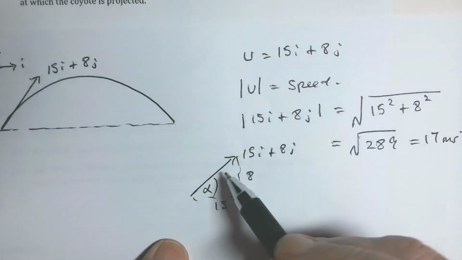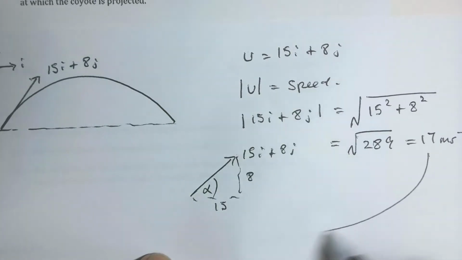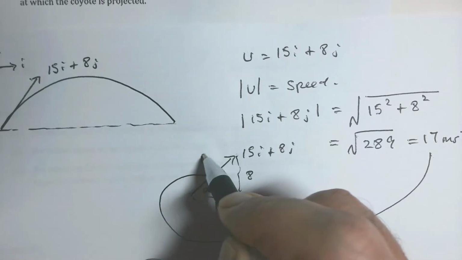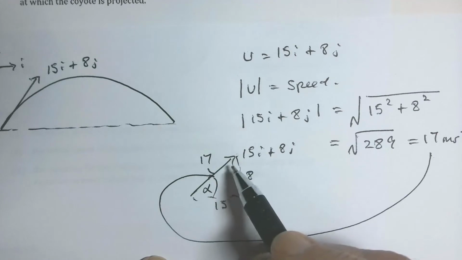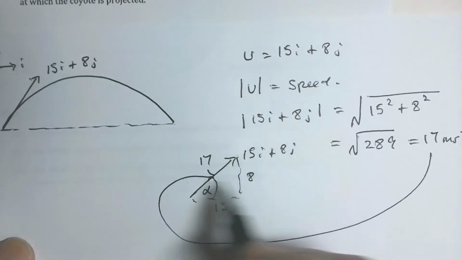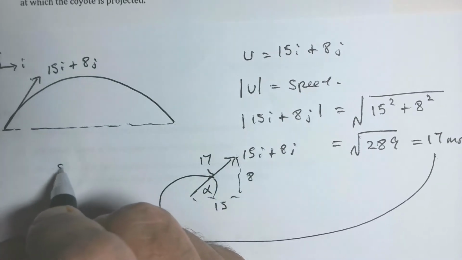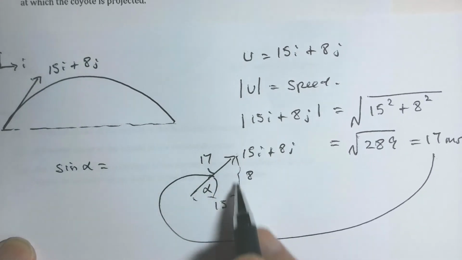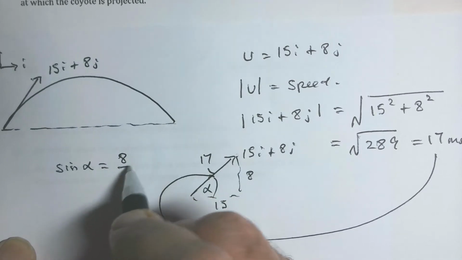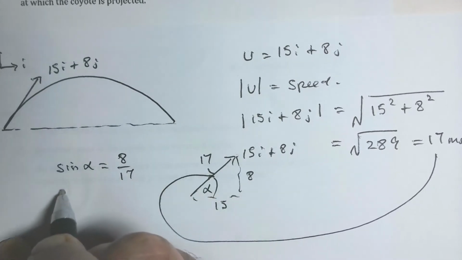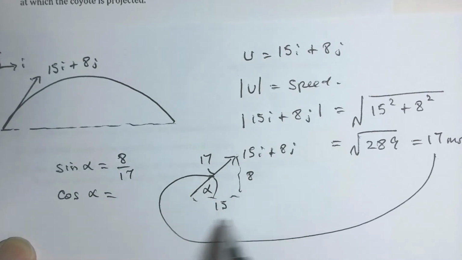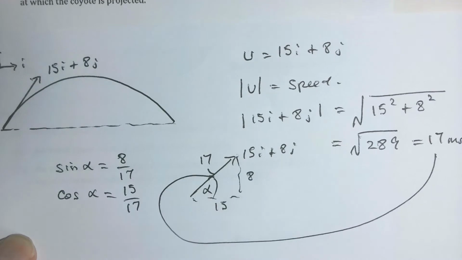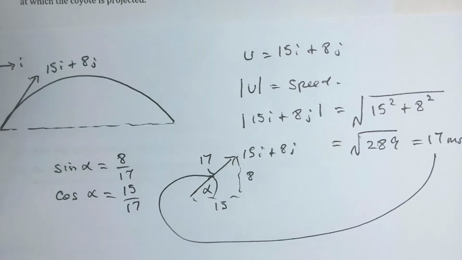We've just found the magnitude of this vector, 17, so sine alpha is opposite over hypotenuse, 8 over 17, and cosine alpha is 15 over 17. Okay, so that's part A.